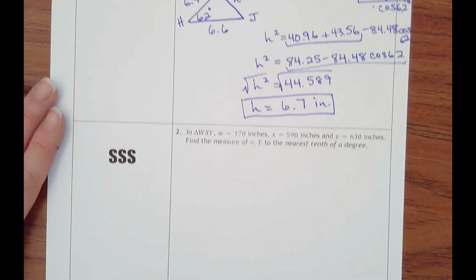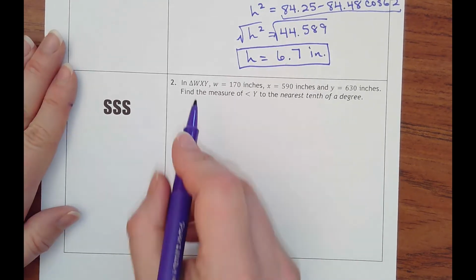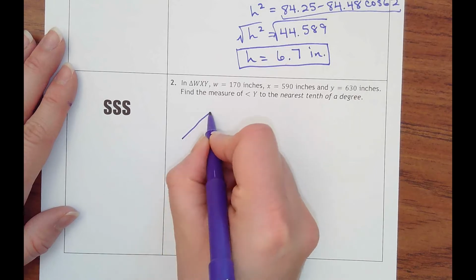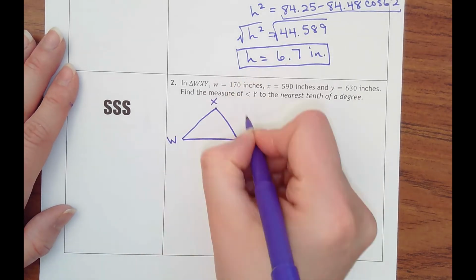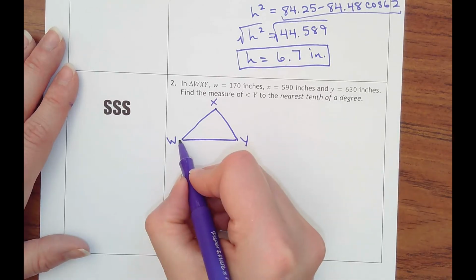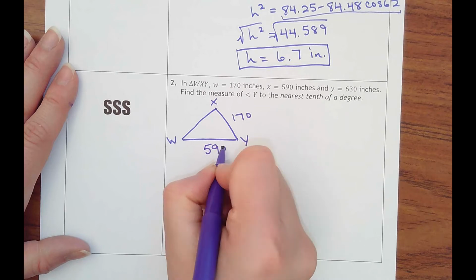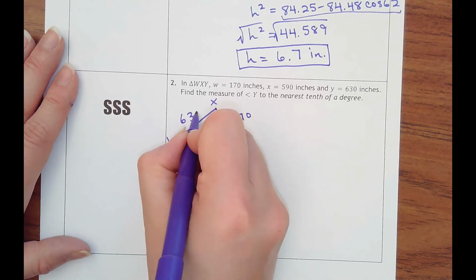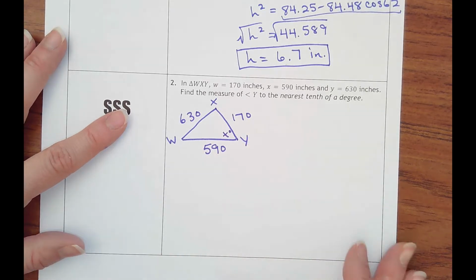Okay, this also works in a side, side, side, but you're going to have to solve this a little differently. So we've got triangle WXY. Little w, so it's across from angle W, is 170, little x is 590, and side y is 630. Find the measure of angle y. I'm just going to do x degrees here.